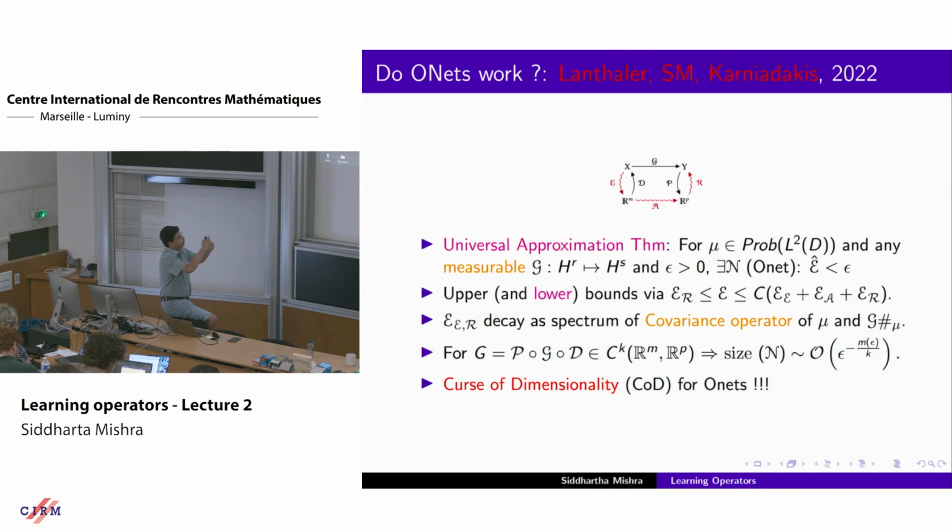The smoother your operator, and the smoother the things it acts on, the easier it is to approximate. And this m of epsilon here depends on the number of sensors, or the number of points at which you are sensing the function. So of course, to sense a function, or an operator, which is genuinely infinite dimensional, as epsilon goes to 0, 1 over epsilon goes to infinity.